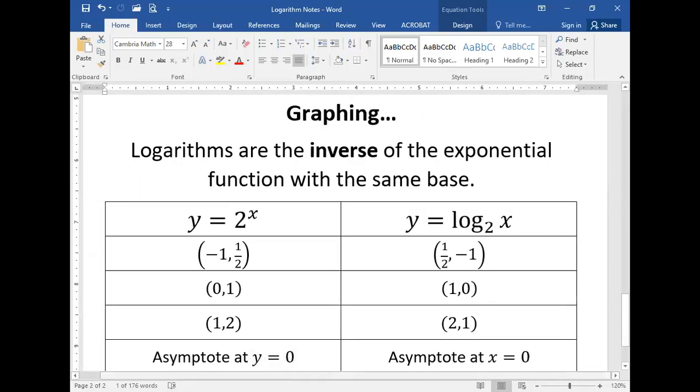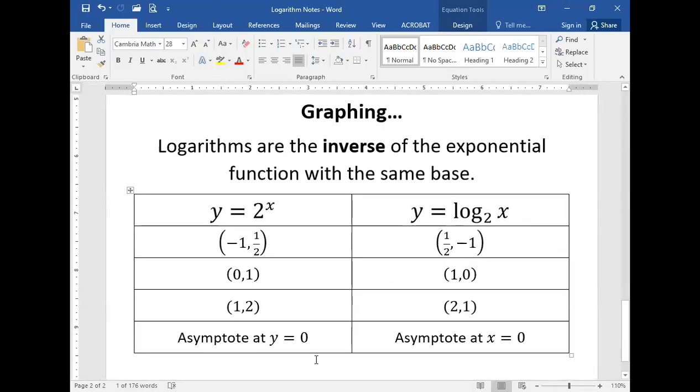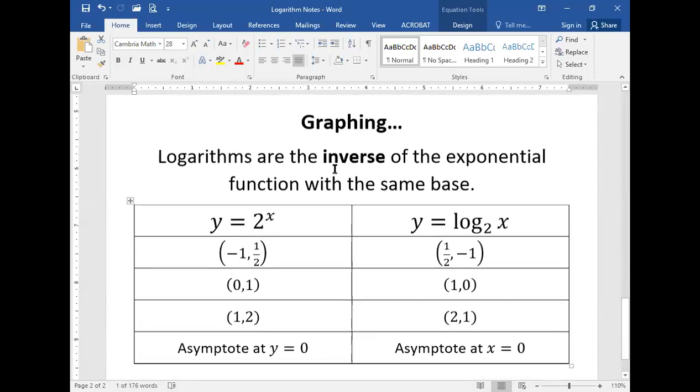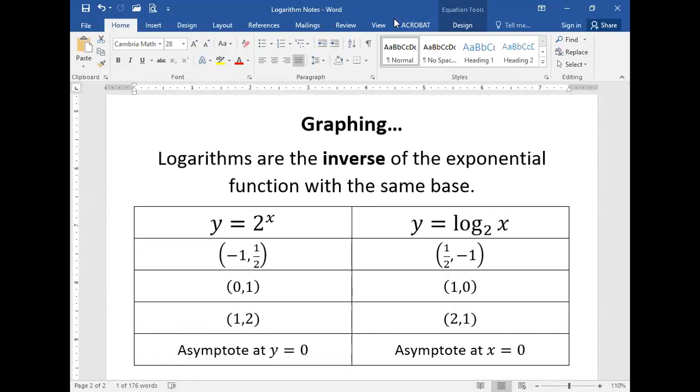Y equals 0. So if all the x and y's are swapping, where is our new asymptote? X equals 0. I'm going to show you this on a graph because that might help.